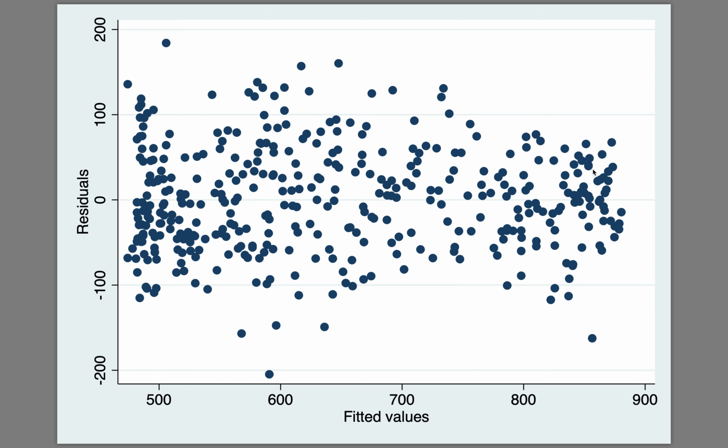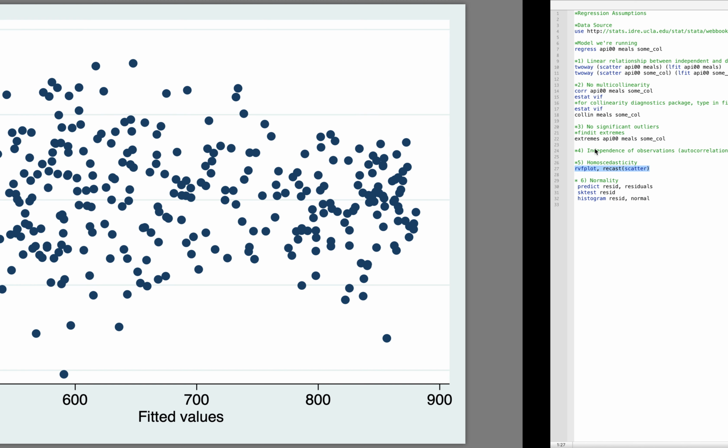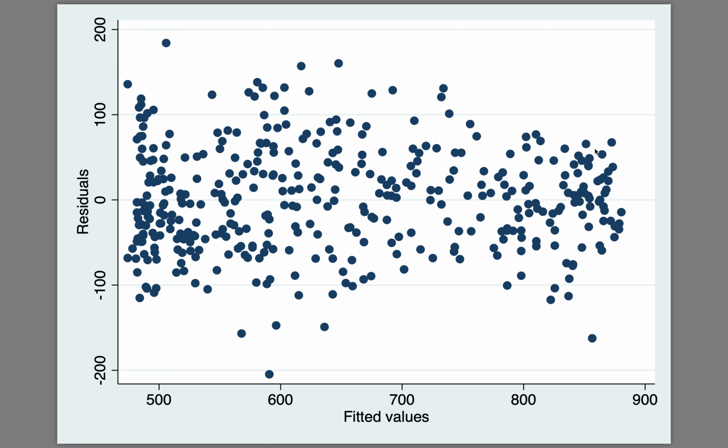So we might have some heteroscedasticity, at least somewhat. It doesn't look like it's a lot, but somewhat up in here. So it's just something to keep an eye on. Make sense? I hope it does.